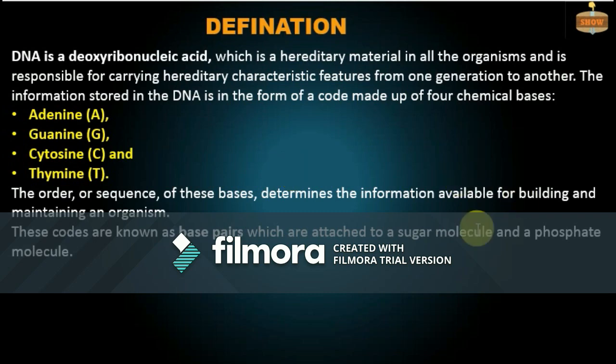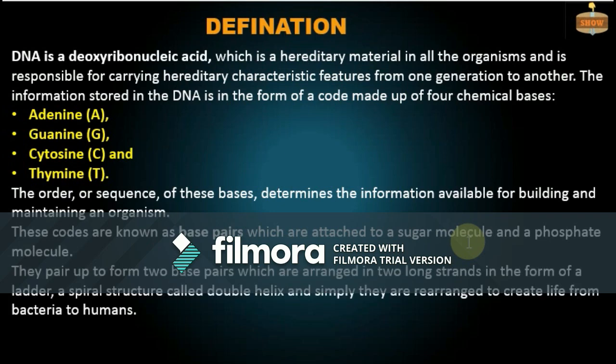We will see how the sugar and phosphate molecules work later in this video. They pair up to form 2 base pairs arranged in 2 long strands in the form of a ladder, a spiral structure called a double helix, and simply they are rearranged to create life from bacteria to human.